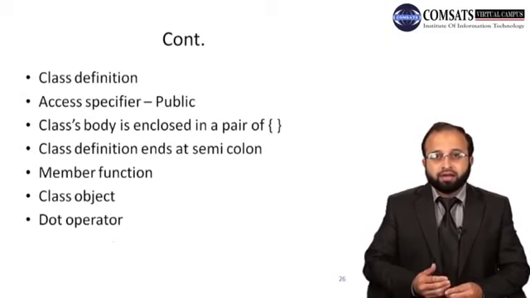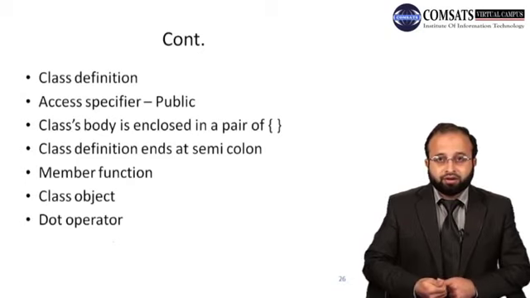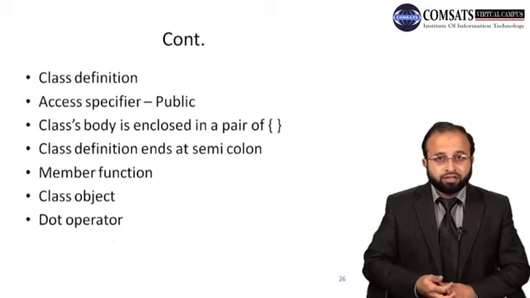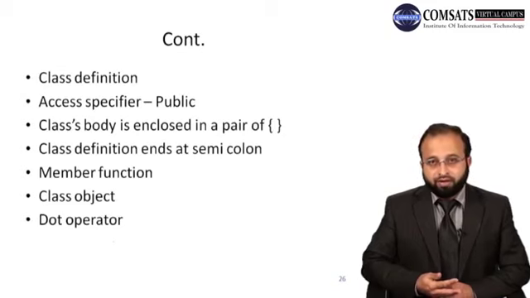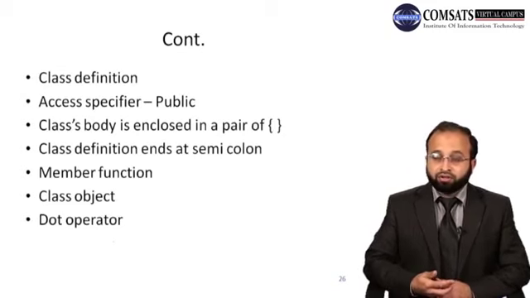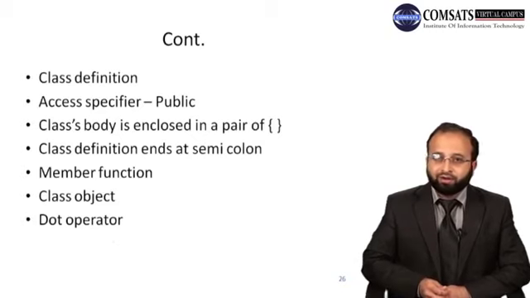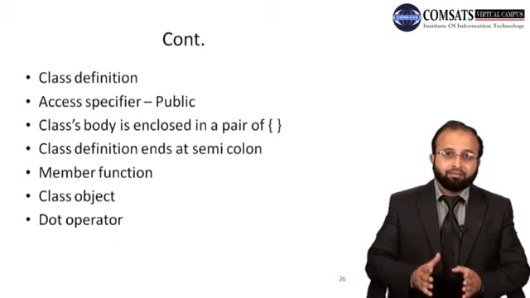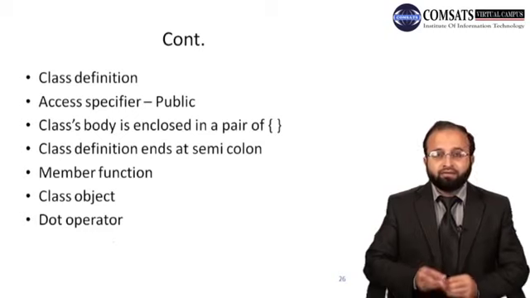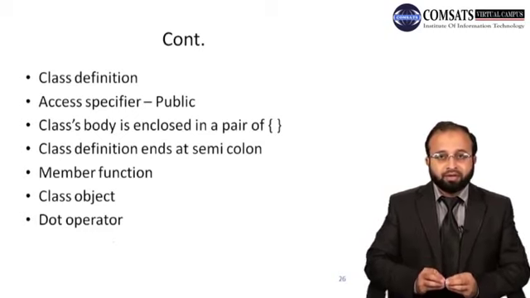Then we have seen that it is not possible to change the state of the object without executing its particular behavior. So in order to change the state of any object, you have to execute its particular behavior. And we have also seen thoroughly that in order to execute the behavior, the object must exist.